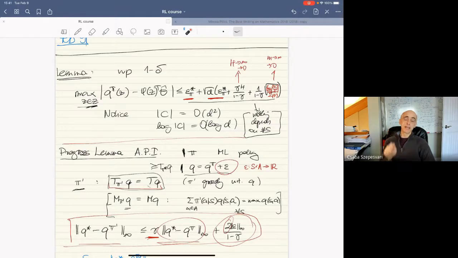In the so-called realizable case, the case that we started with, when we assume that the action value function lies in the span of the features, then this error is just zero, right? So here we're just saying, oh, it could be not zero. And then okay, it will be just some error there.